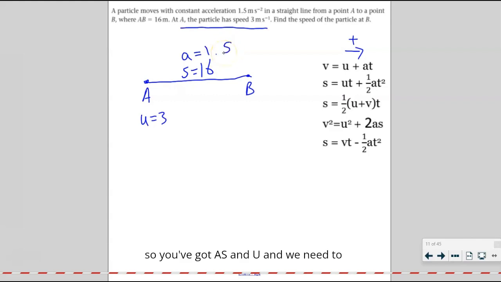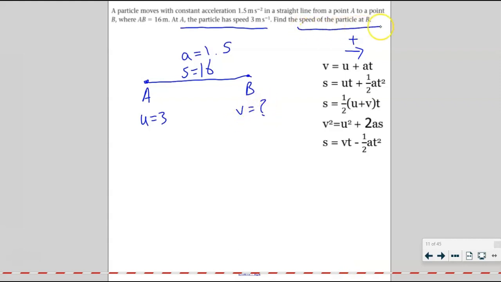So you've got a, s and u, and we need to find v, which is the speed at B. So find a formula which connects v, u, a and s, which would be this one here.